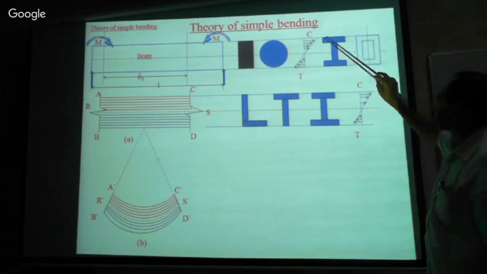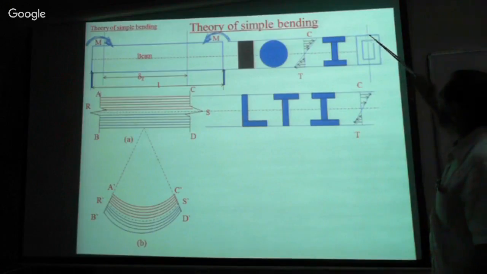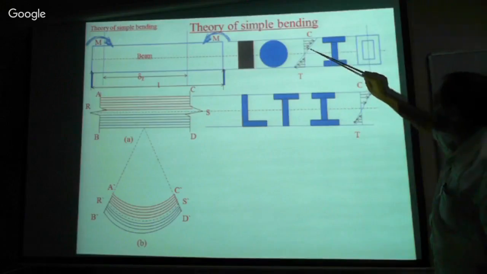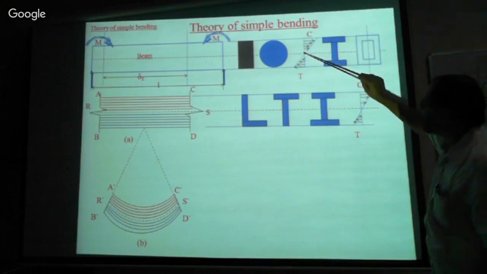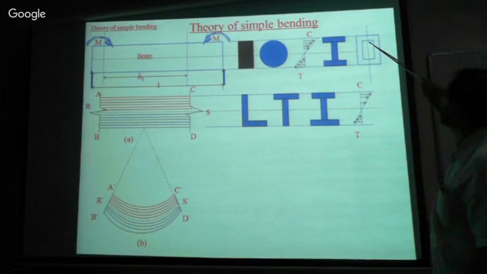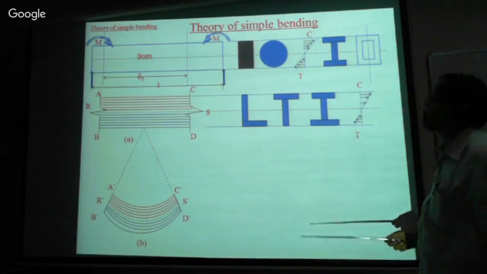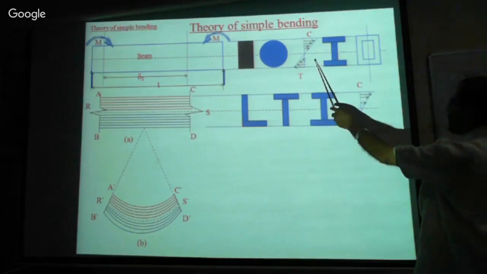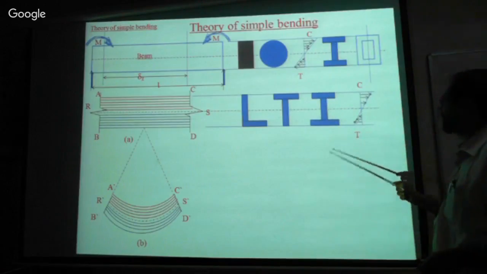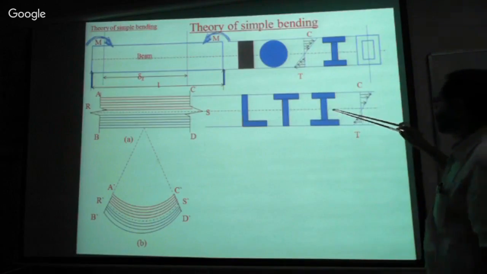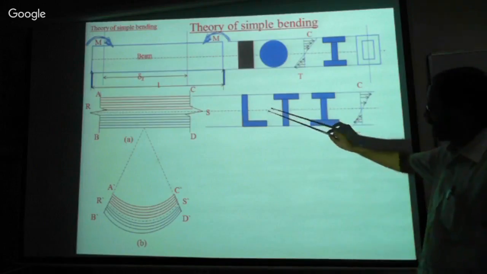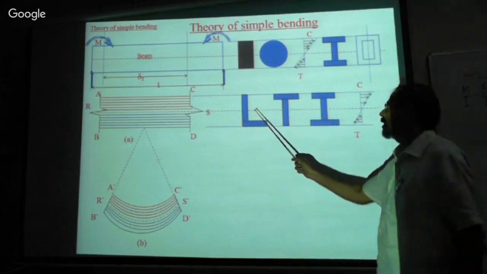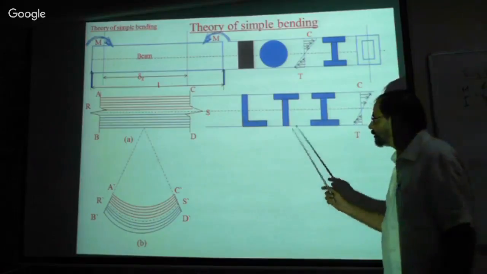Stress is zero here, and we need maximum material elsewhere. Therefore, in this portion there is less stress and zero stress, so there is a saving in the material. That is the advantage of this simple bending theory and the stress diagram. And these are the various sections which are being used in our construction practice.